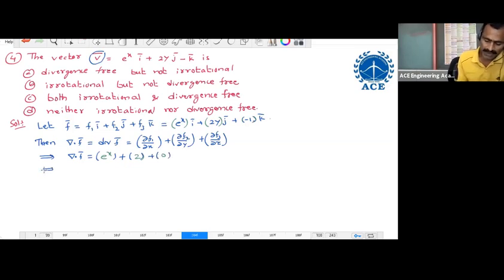Which implies del dot f bar equals e^x plus 2. This is not equal to 0.